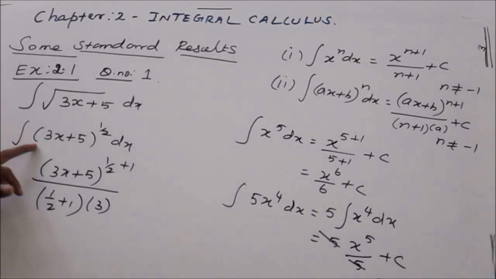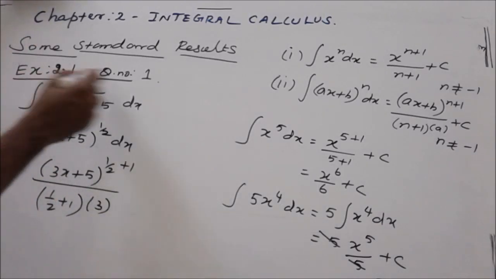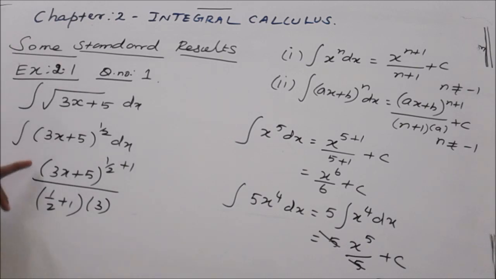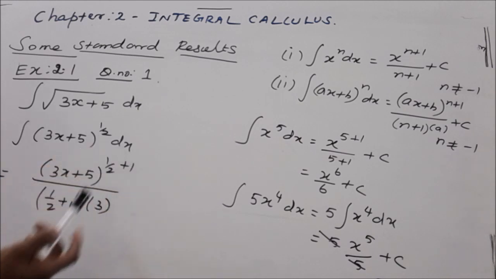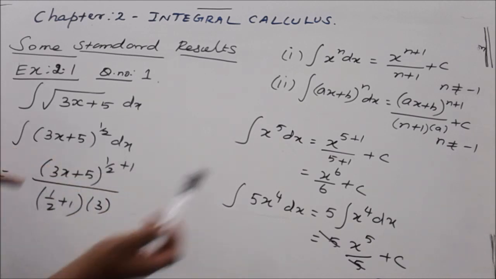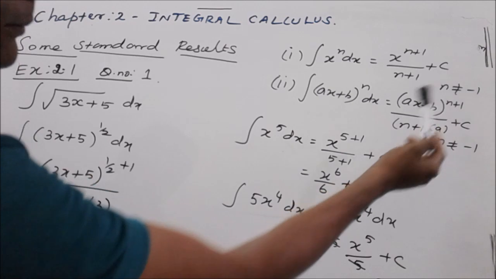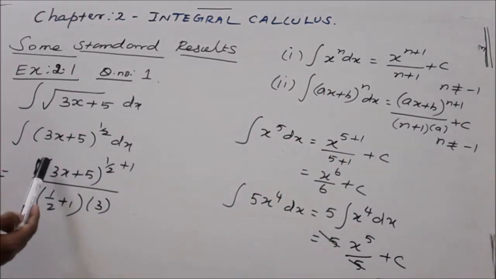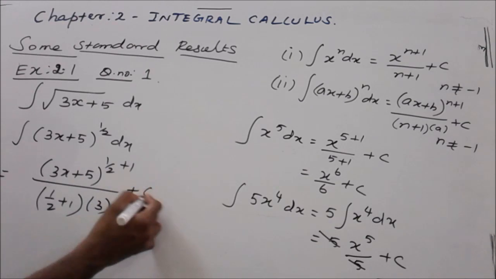So 3x plus 5 whole power half: converting this square root as 1 by 2, we have 3x plus 5 whole power 1 by 2. Now integrating, we have 3x plus 5 whole power 1 by 2 plus 1 divided by 1 by 2 plus 1, into a, which means 3 will be multiplied, plus the constant of integration c.